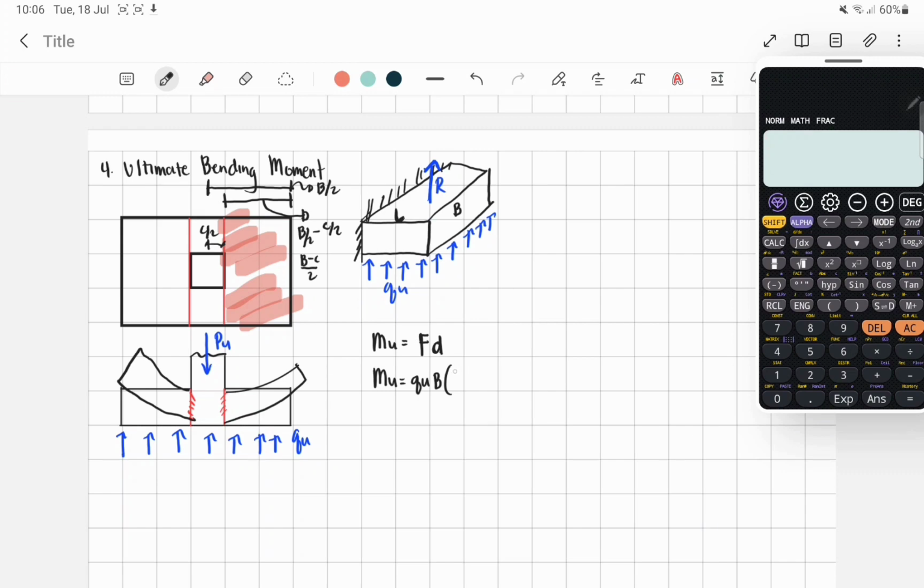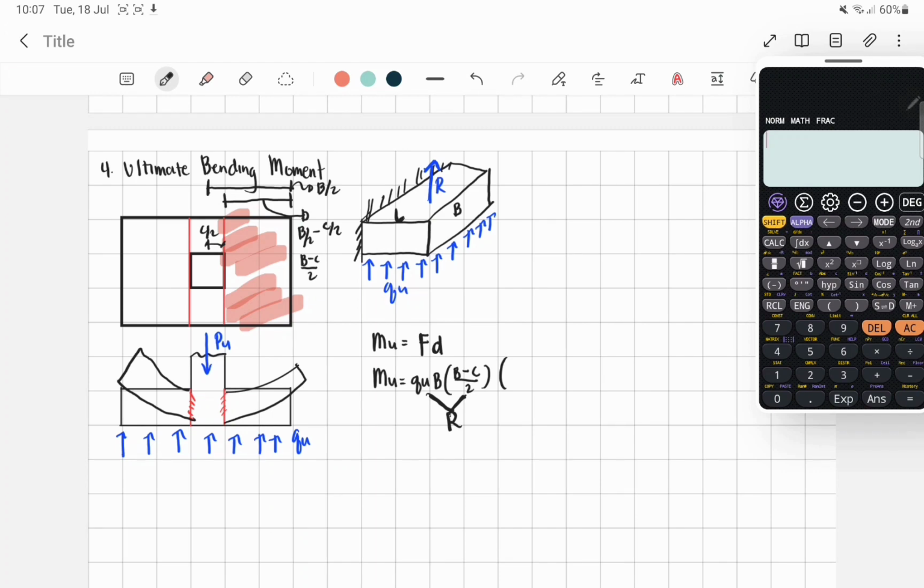Okay? So, B minus C all over 2. So, ito na yung stress times area. So, ito na magiging force natin. Okay? Ito na yung magiging R or force. And then to get the moment arm or the lever arm, di ba nga, since this is rectangular na parang distributed load, rectangular beam to, so kukunin natin lang pala from the analysis of shear and moment sa beams, di ba?